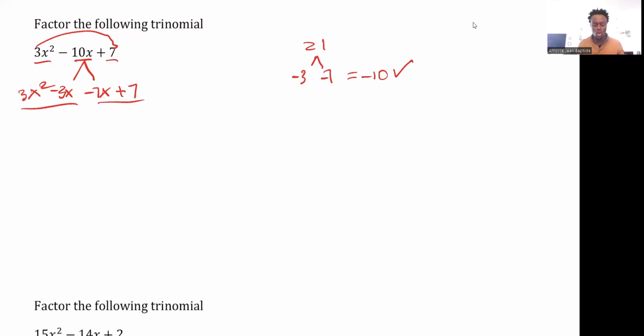And make sure if the group starts with a negative, you always put the negative sign with the GCF on the outside. If it was negative, it changes to a positive. If it's positive, it changes to a negative when you factor a negative on the outside.